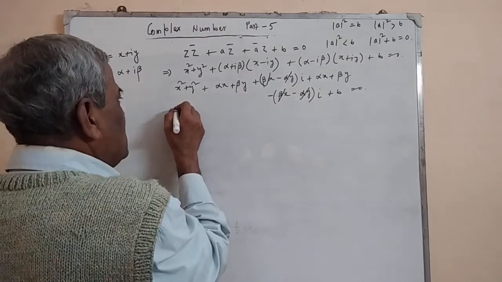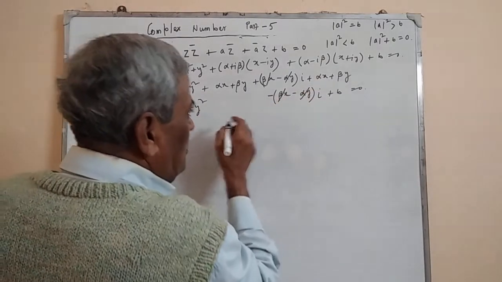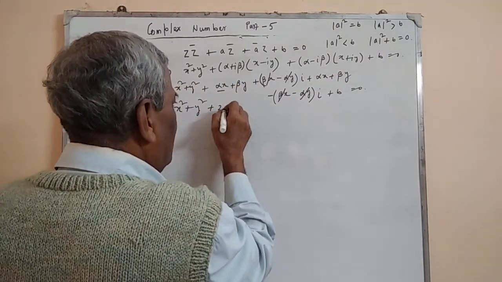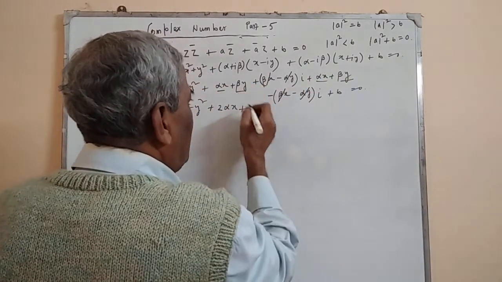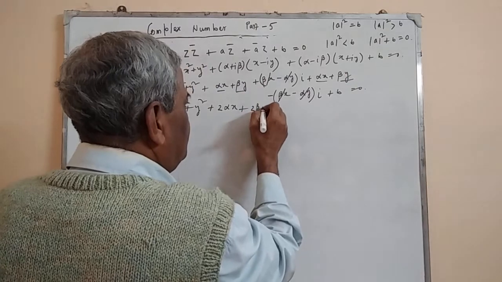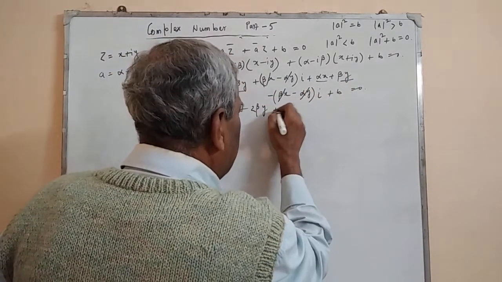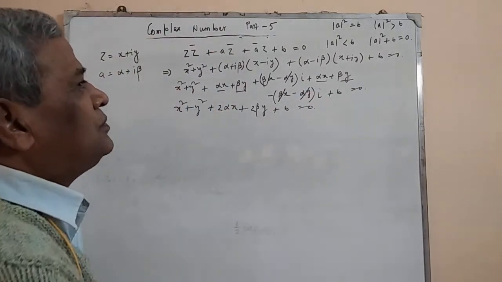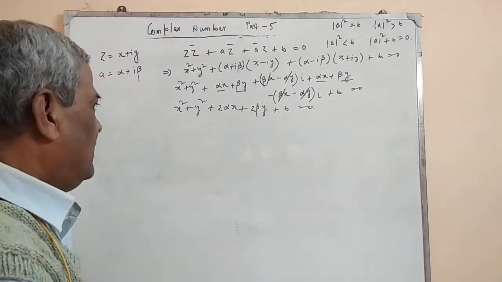It means x square plus y square plus 2 alpha x plus 2 beta y plus b is equal to 0. So clearly it represents a circle.